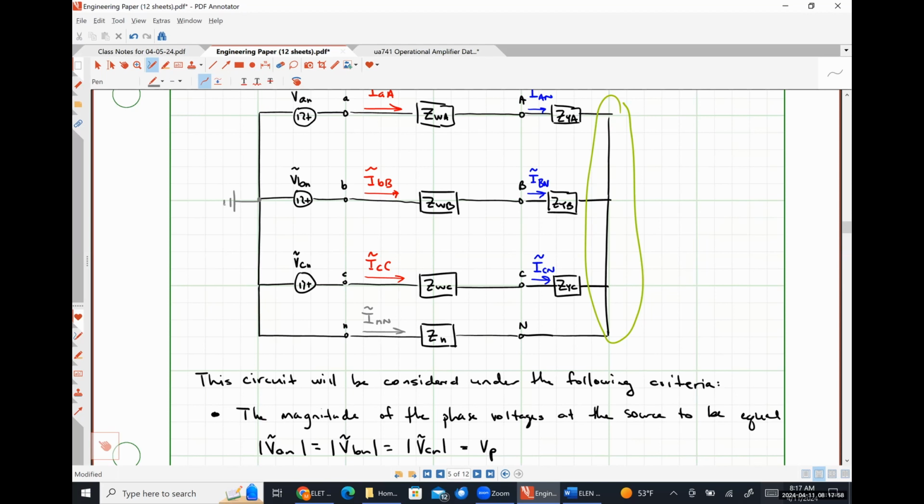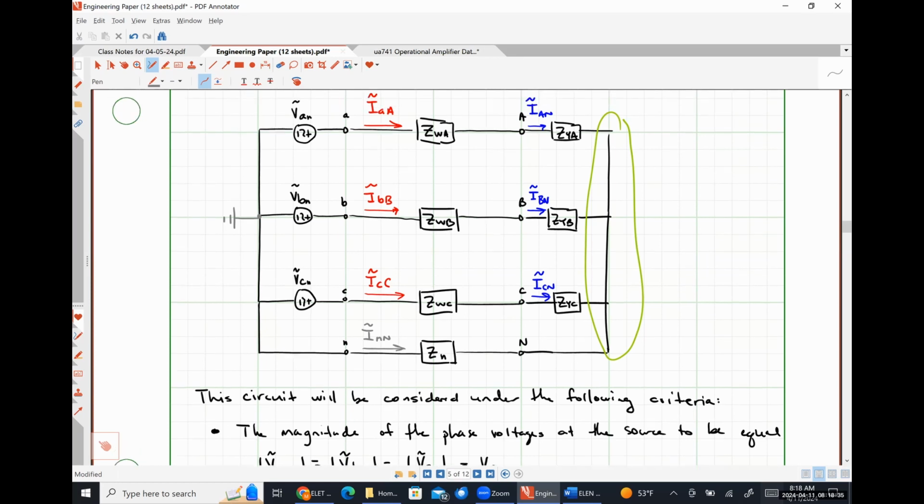Now, in a physical system, it's likely that the source side neutral would actually be tied to ground, but it is not in any way, shape, or form required. So for our intents and purposes here, we are doing this purely to make the math a little less overwhelming. This may not physically be the case in our system, okay? But it's just giving us a reference that we're going to refer everything to.